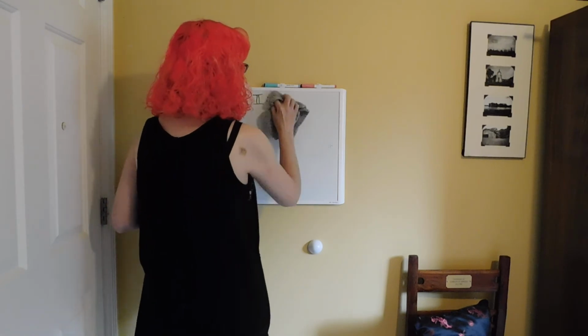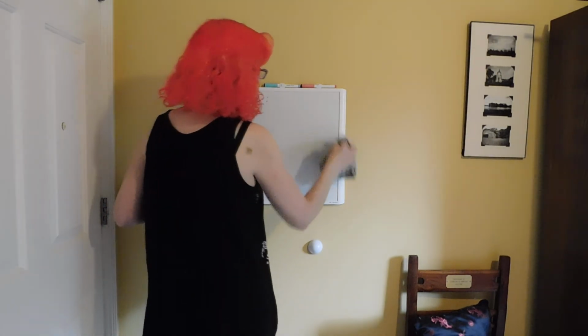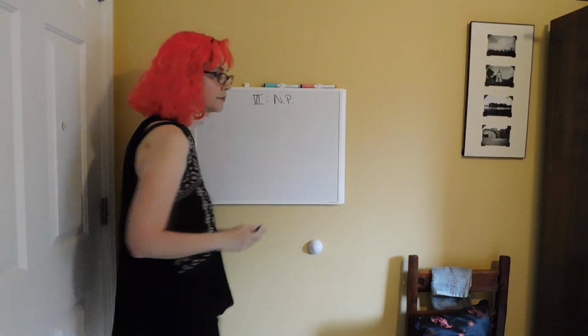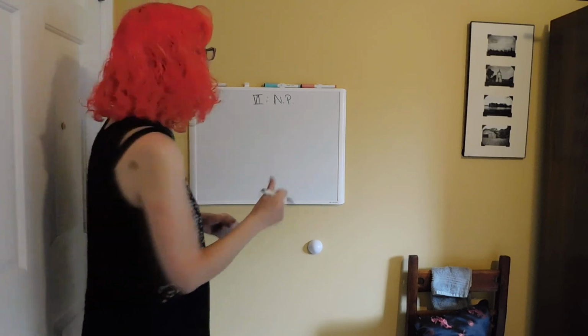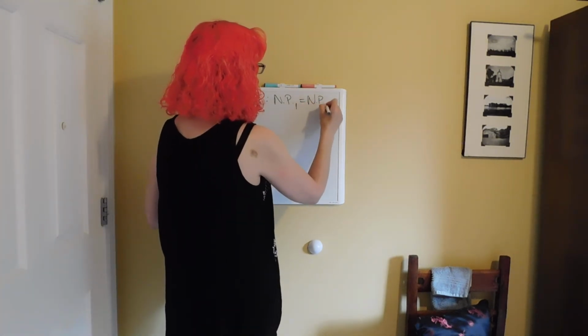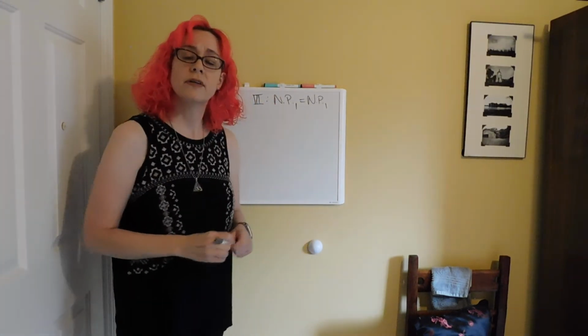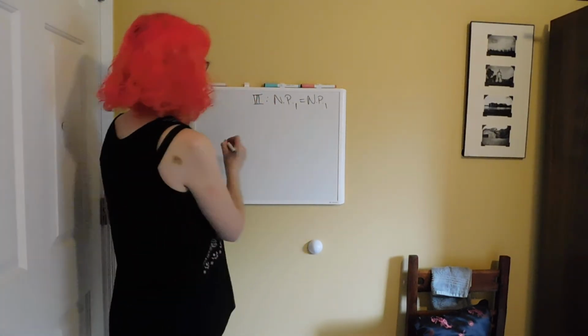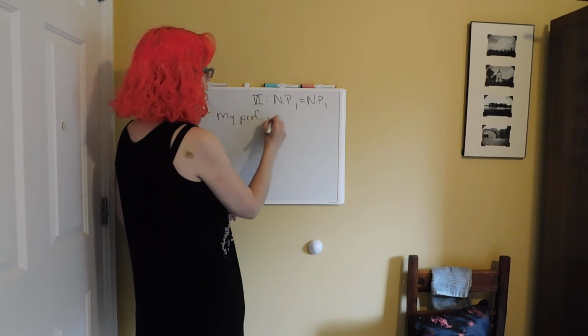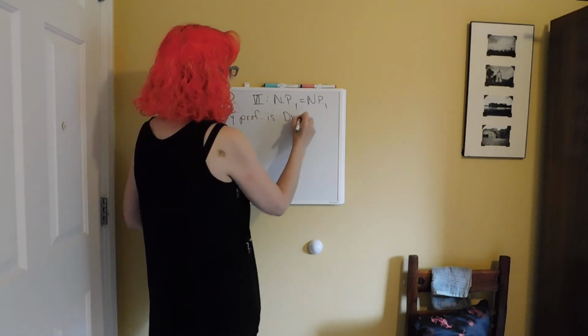Alright. Now we're going to deal with noun phrases. The noun phrase, NP1 equals NP1 is how your textbook talks about this, because to be is a linking verb. My professor is Dr. Wright.